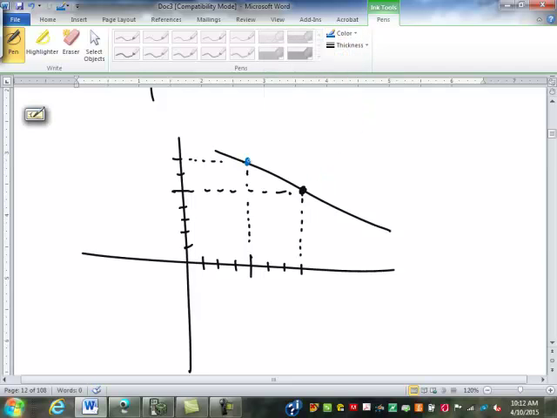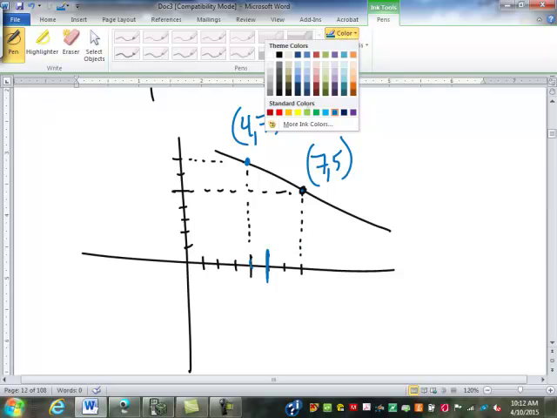Now the coordinate for this point is 4, 7. Yeah. 4, 7, yeah. And this one is, I'll be careful, this is a 4. The 5 is actually here. 7, 5. Good. So we have the two coordinates.